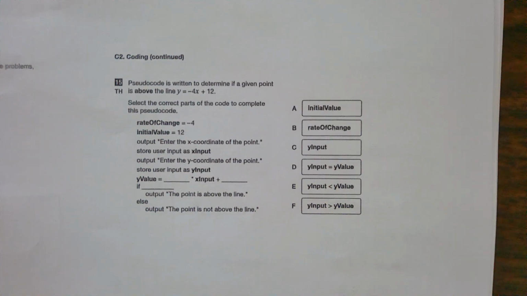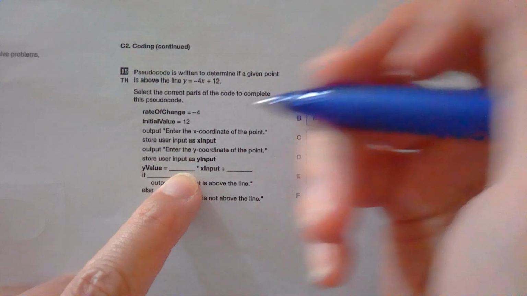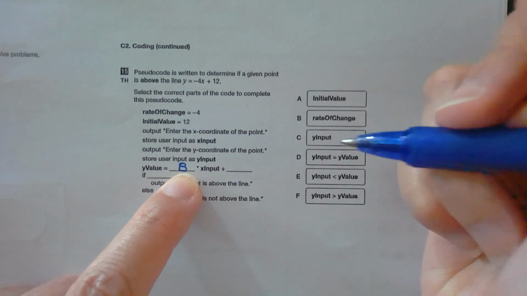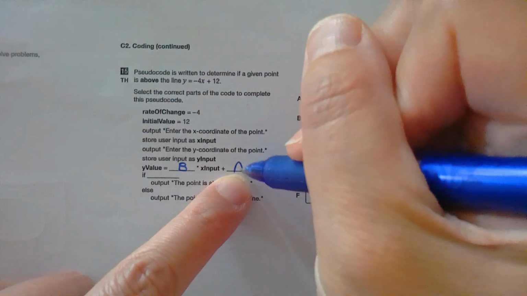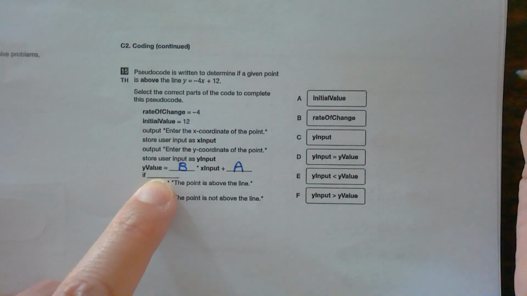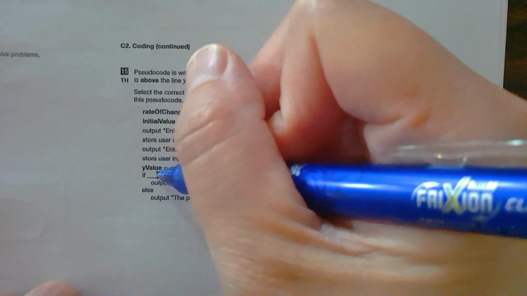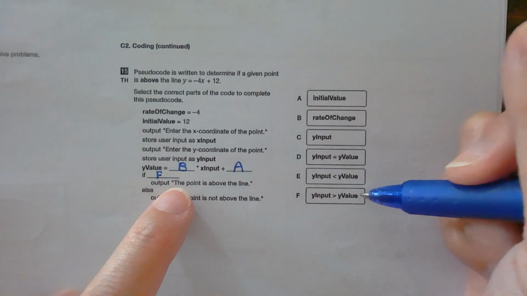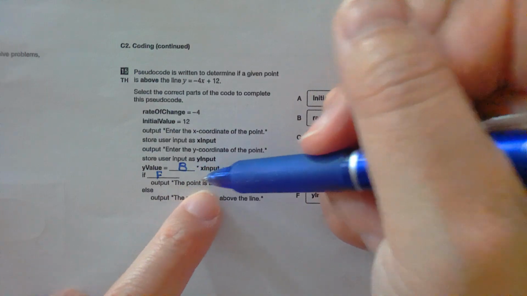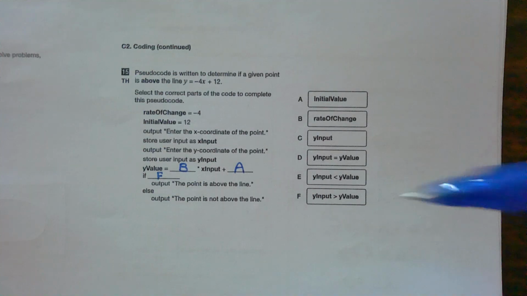Number 15, Yancy. For the first one, I put B random change. Good. And for the second one, I put A and value. And then I was confused on this one. Okay, so this one would be F if y input is greater than y value, then say that the point is above the line. Otherwise, the point is not above the line.